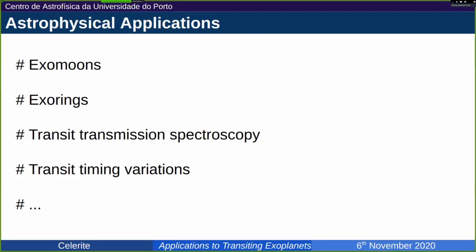Exorings have similar problems with increased complexity on the transit model. So we are increasing, in principle, the uncertainties overall if we have low signal-to-noise ratio data. Regarding transmission spectroscopy, or the measurement of the apparent radius of a planet in multiple bands, the variations detected are small and often accompanied by larger error bars.